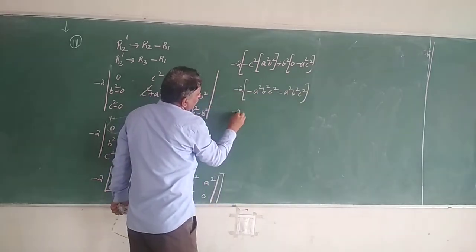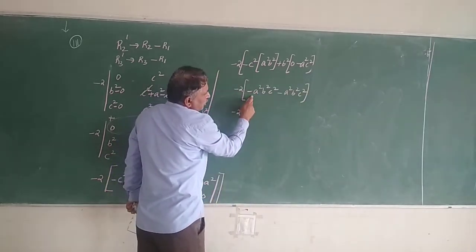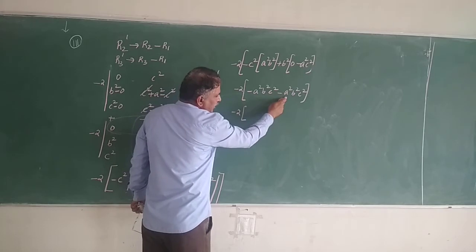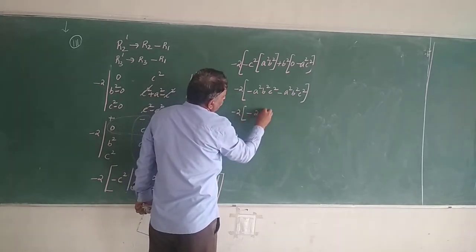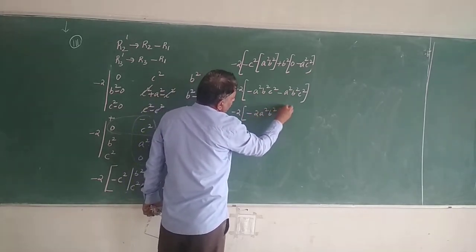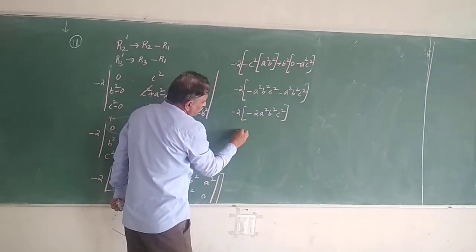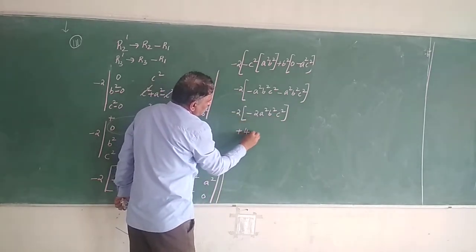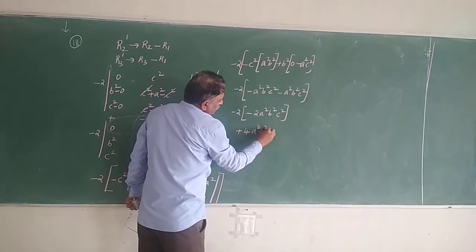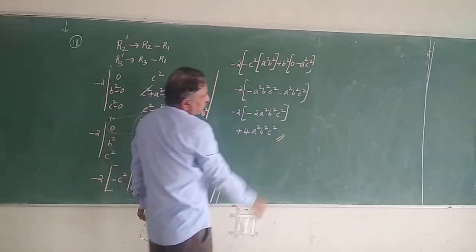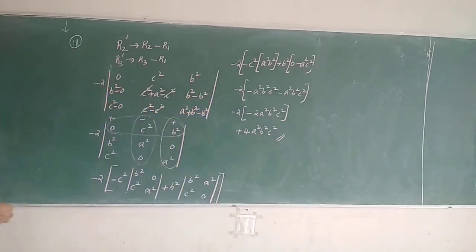So this is minus 2 times minus A square, B square, C square one time, another time, so minus 2 times 2 A square, B square, C square. Minus into minus plus, 2 times 2 is 4 A square, B square, C square. So this is the required proof. Yes, please copy down this one.